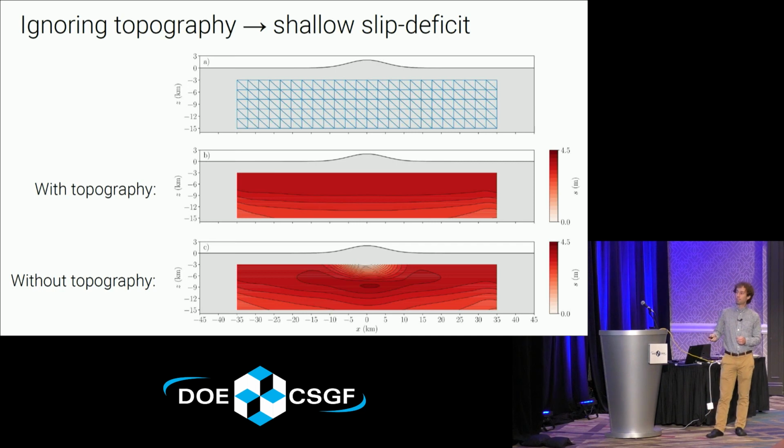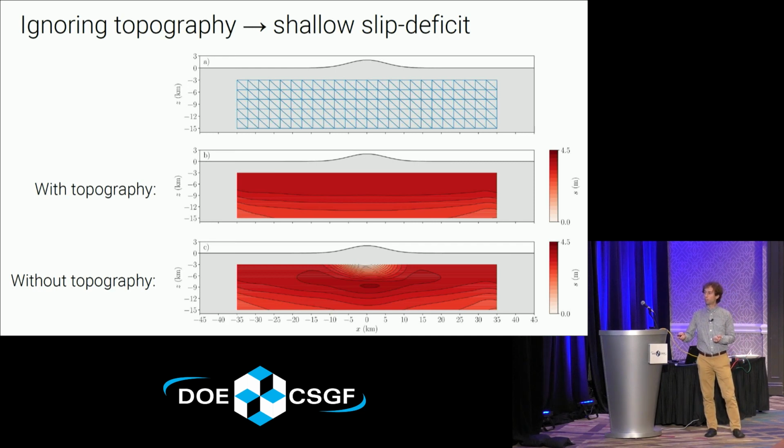Now, if we then invert without topography, over away from the hill, we're getting back a pretty uniform distribution. Over here, too, away from the hill. But under the hill, what you see is we get this artificial inferred slip deficit. This is exactly what I'm talking about in terms of a shallow slip deficit.